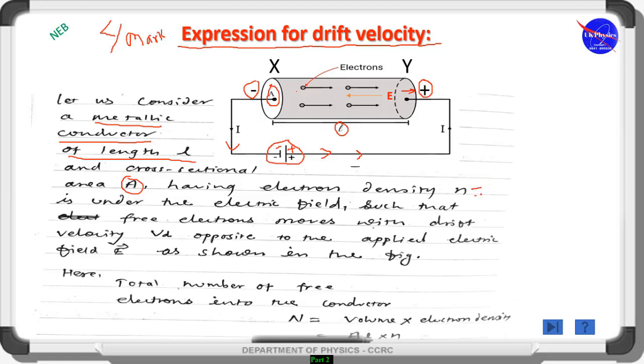Electron density means simply the number of electrons per unit volume, and it is under the influence of an external electric field, such that free electrons move with a drift velocity Vd, V with suffix small d, opposite to the applied electric field E as shown in the figure. This is simply the explanation of the figure.